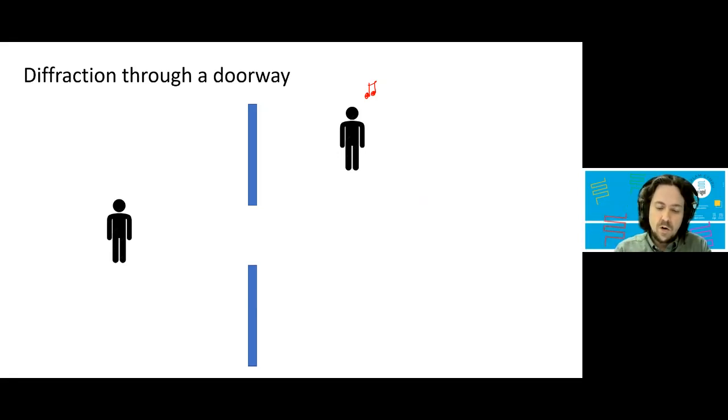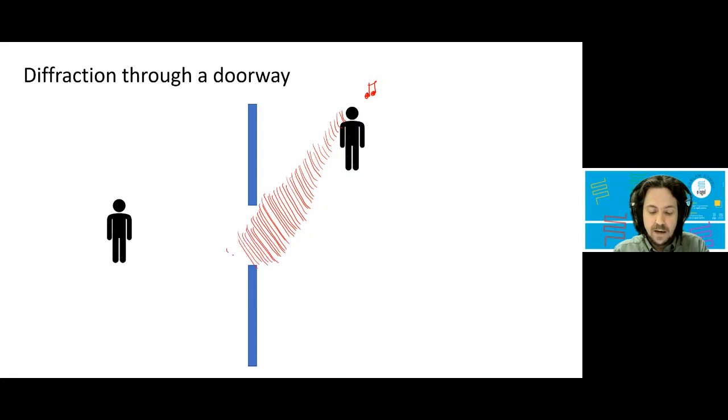Because the wavelength of visible light is so much smaller than this gap, and in fact smaller than the ratio I'm drawing here, we would not expect to see any noticeable diffraction. As such, you can hear someone around a corner, but you cannot see them, because the wavelength of light is so much smaller than the width of the doorway.